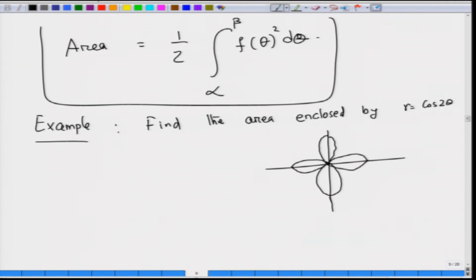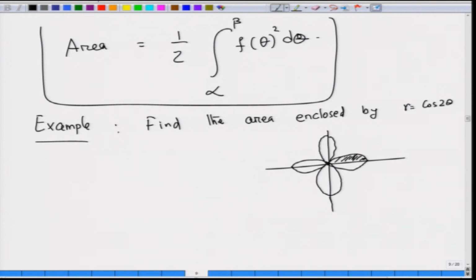So, we will find out the area. As you can see, this curve is symmetric, although I have not drawn it properly, nevertheless it is symmetric. So, if we can find the area of this region and multiply it by 8, then we are going to get the entire area.